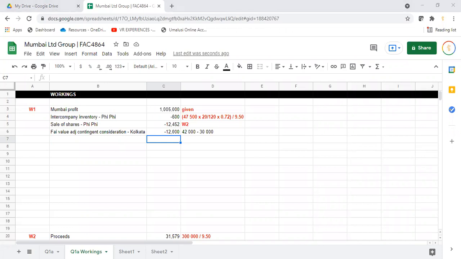So if we read further under Kolkata, we can see retained amount. Okay, we have that. With the exception of items listed below, all assets and liabilities of Kolkata were deemed to be fairly valued. So we can see carrying inventory was undervalued and the receivables was overvalued.